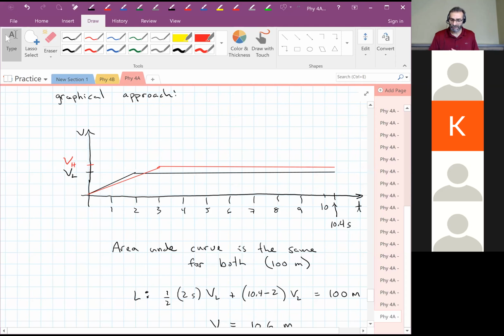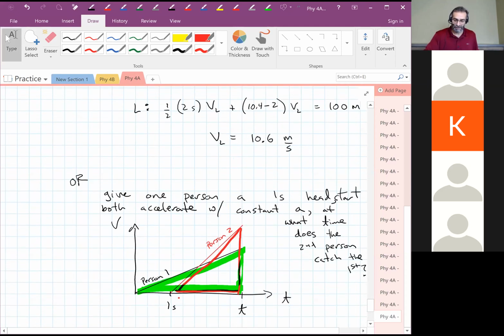But do a few and see how you would solve them. Practice solving a couple each way and see what works best for you. Either approach is fine, but I just wanted to point out there are a couple of cases where we got these complicated problems with something passing something else that the graphical approach is kind of nice.